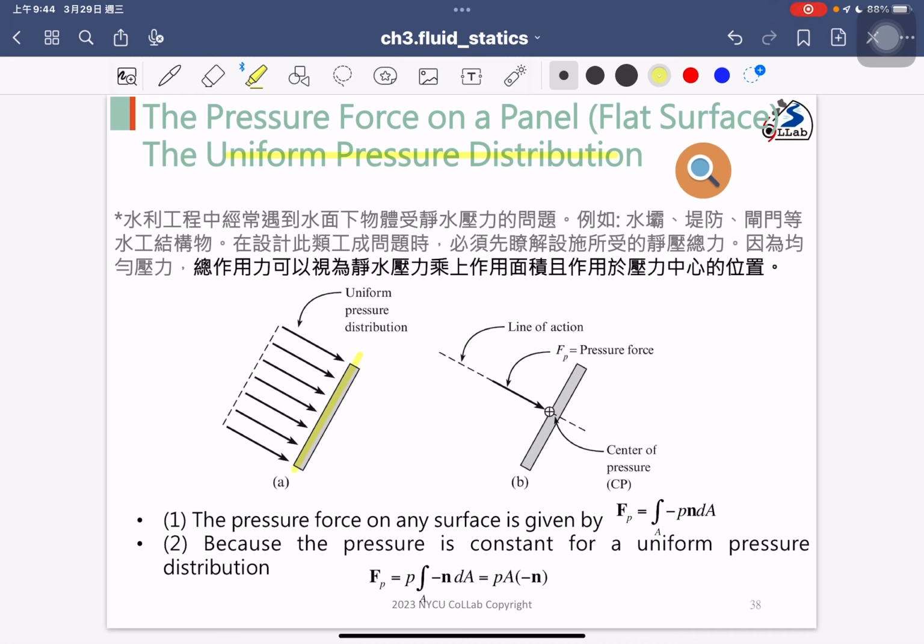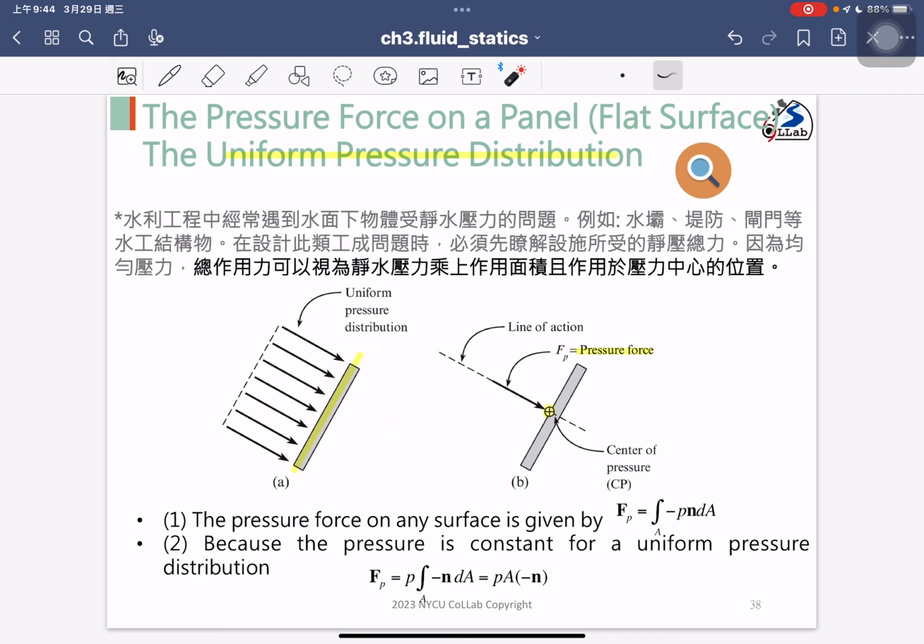When we meet some problems, we want to know how large the pressure force is, and what the location of the pressure force is. The left hand side figure shows that the pressure distribution is uniform, and we want to change it to the right hand side.